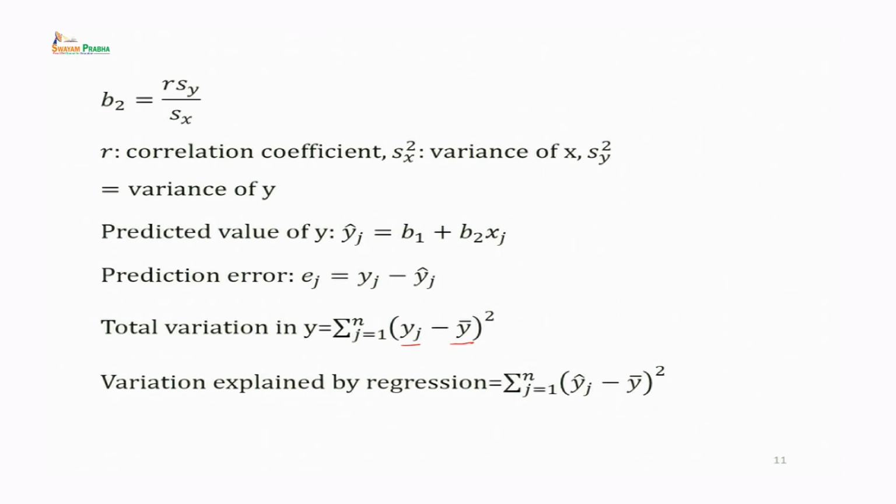And then the variation explained by the regression is you take (yj hat minus y bar) whole square, and take the summation over j. So, this is called the variation explained by the regression. This is the total variation, and this is the variation which has been explained by the regression.